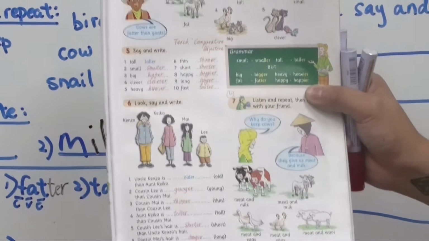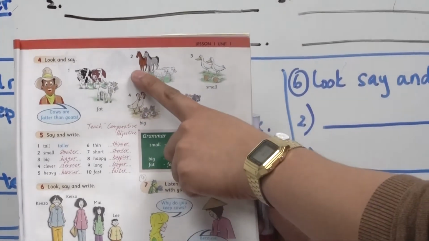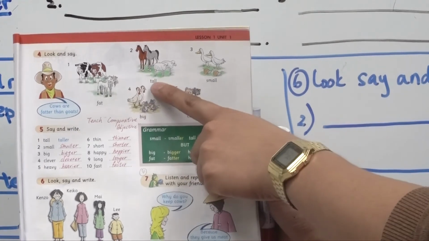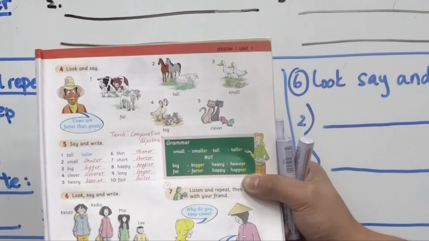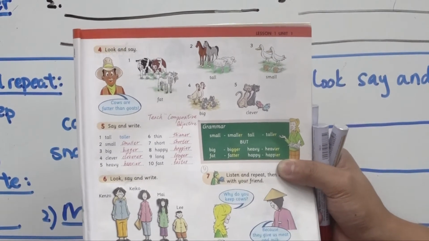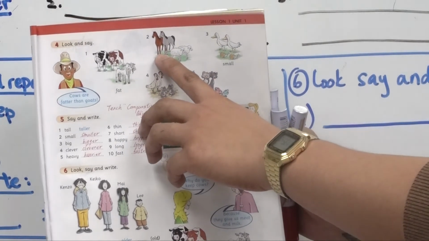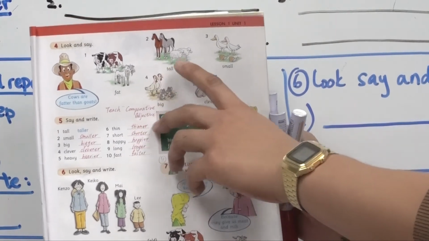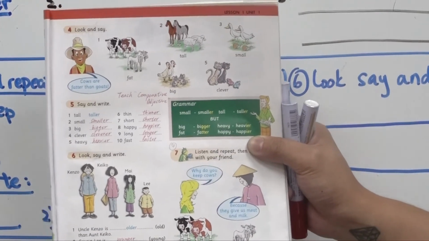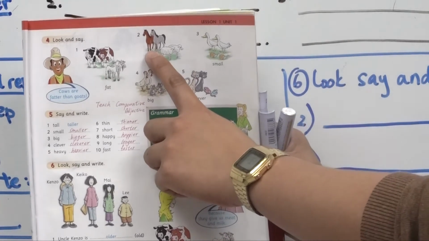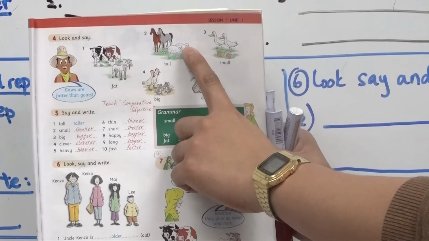So if you were to compare the 2, you will say horses are taller than sheep, okay? Can we say that all together 2 or 3 times? 1, 2, 3. Horses are taller than sheep. Let's say it again one more time. 1, 2, 3. Horses are taller than sheep.